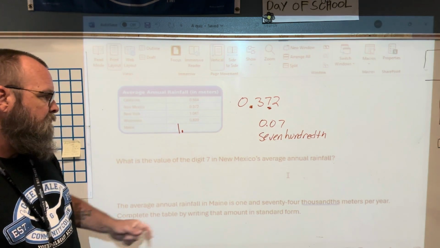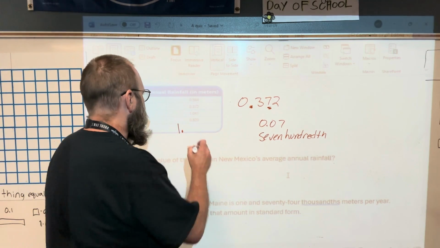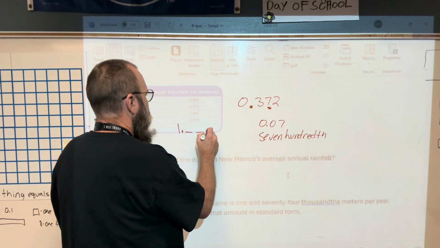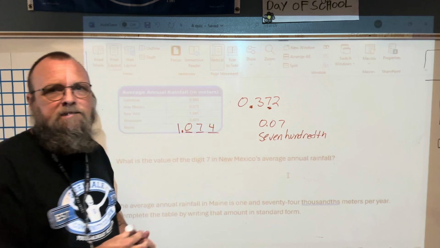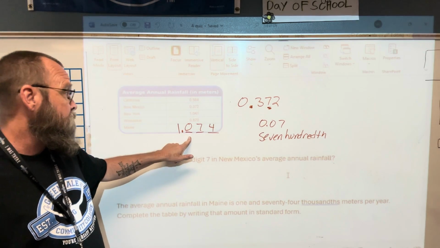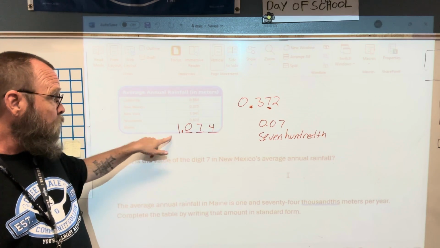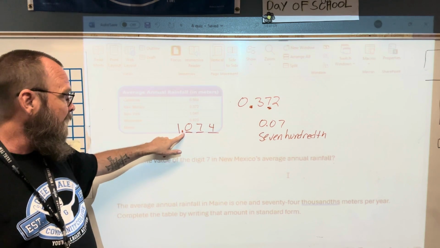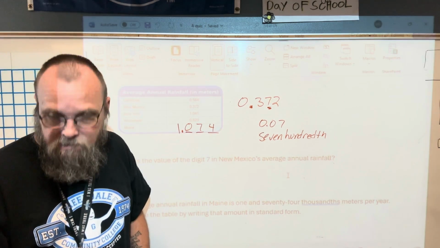Decimal point and. I need to write the number 74, and it needs to go out to the thousandths. I have to put 74 there, otherwise it doesn't say 74. If I put 7 and 4, that would be 704. So I have to put the 74 like this. 1 and 74, the 4 is in the thousandths place.